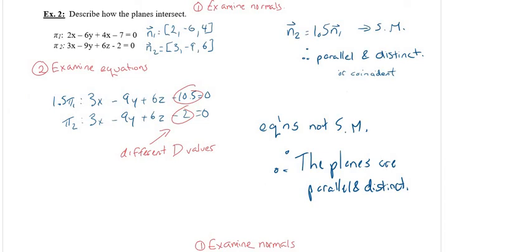Now, our last step, we're going to take our d values and examine them. In this case, we have -10.5 and -2. Now, you notice at this point, they are not the same, which means that we're going to have two different equations. If you're not quite sure why, a good analogy is two parallel lines with different y-intercepts.